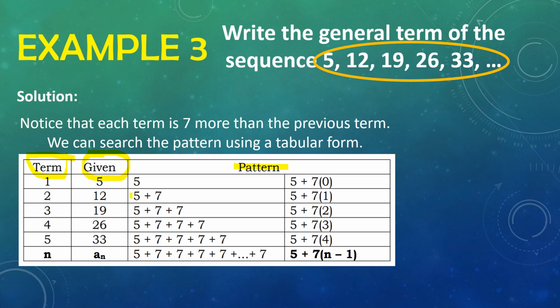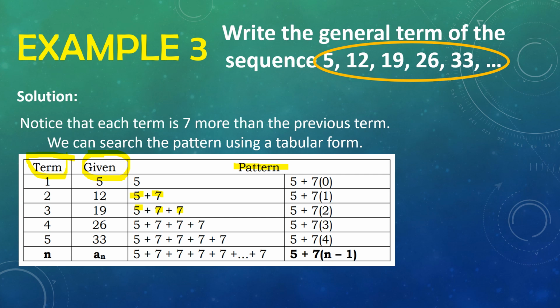Correct. From the first term 5, you just need to add 7. How about the third term, which is 19? 5, which is the first term, you add 7 to get the second term, and you add another 7 to get the third term, which is 19.